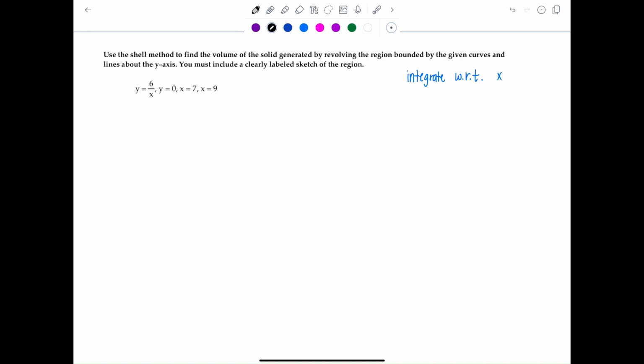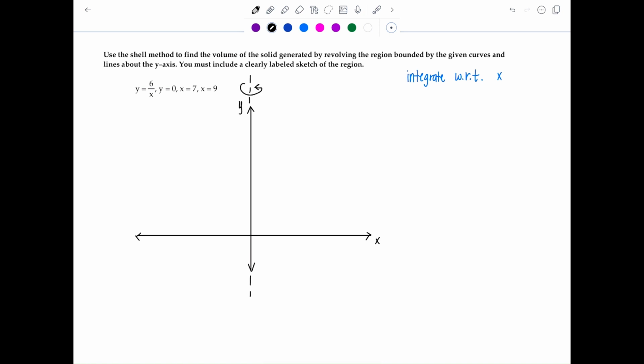So let's just draw, and if we're spinning around the y-axis, then let me put quadrant 1 and leave space for quadrant 2 as well. x, y. There's a vertical asymptote here, right? And that's also what we're spinning around. And then the vertical lines, x equals 7 and 9, bound the region. So we'll say this is x equals 7, and then this is x equals 9.